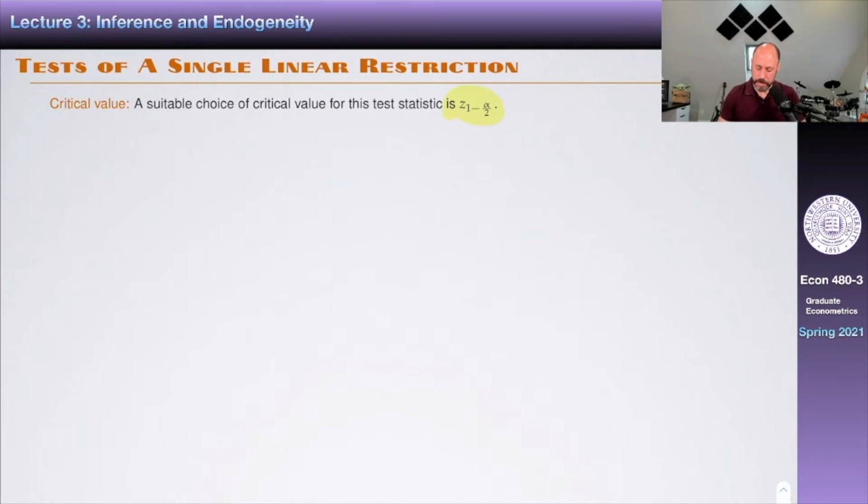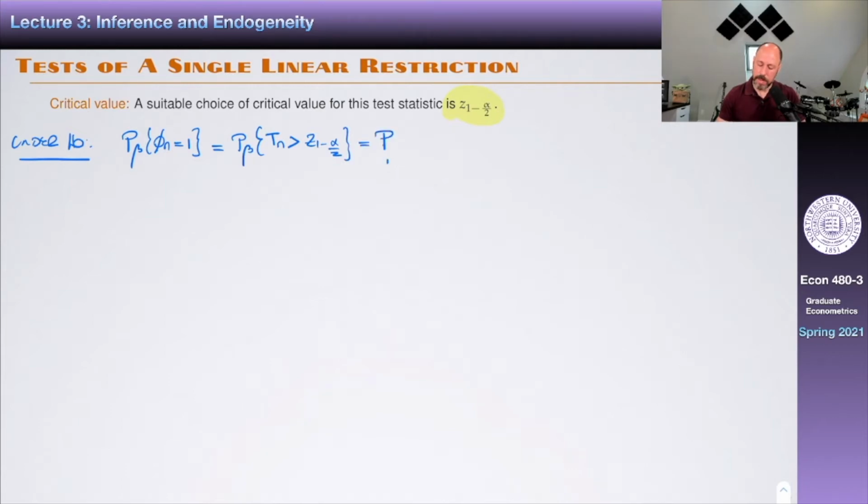So under H naught, the probability, say under beta, that phi is equal to 1 is the probability under beta that the test statistic is greater than c_{1-α/2}.